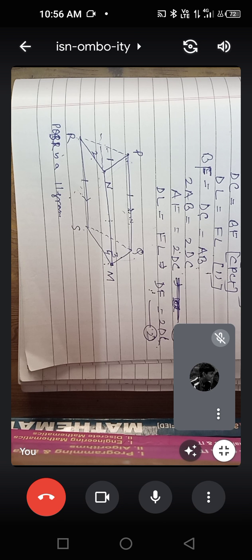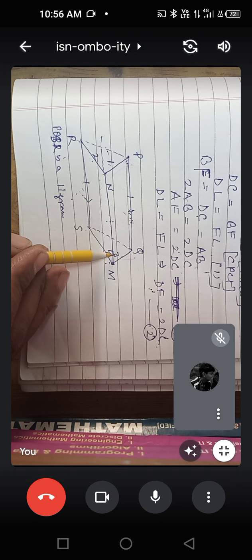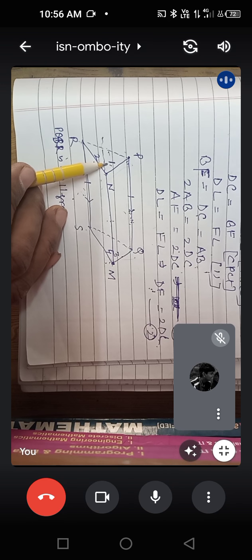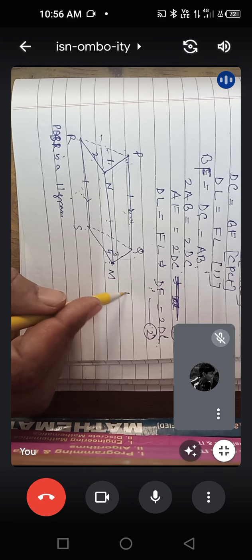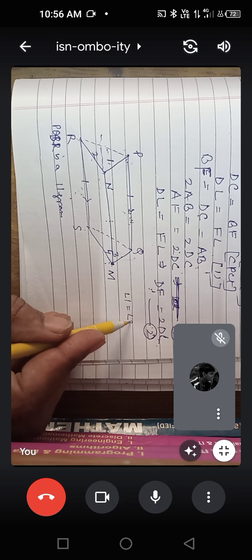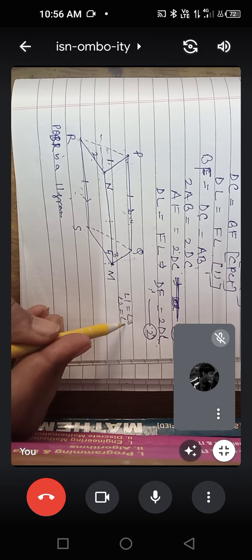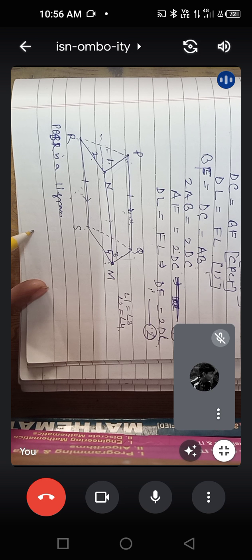So angle 1 is equal to angle 3. Why? Because these two are parallel lines intersected by a transversal, so these are corresponding angles. So angle 1 is equal to angle 3. Yes or no? Angle 2 is equal to angle 4 because these are corresponding angles. Any doubts?